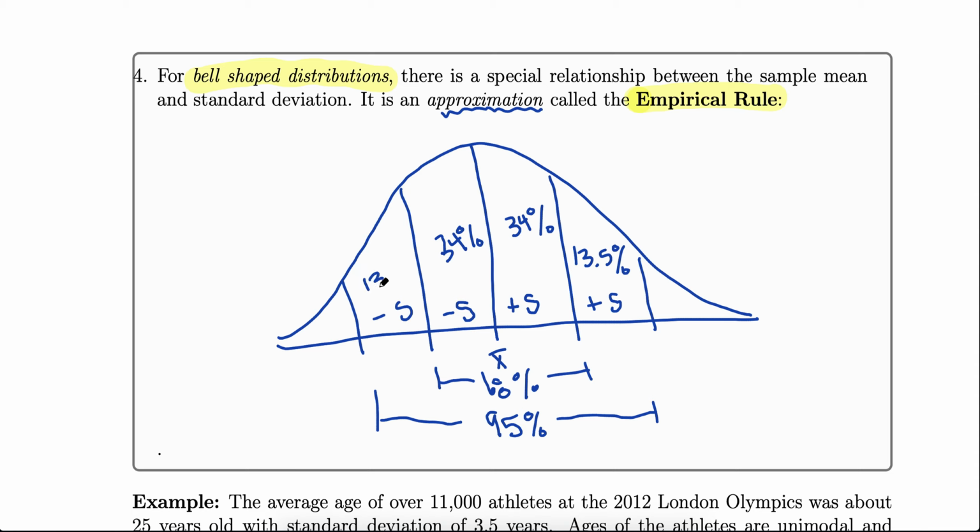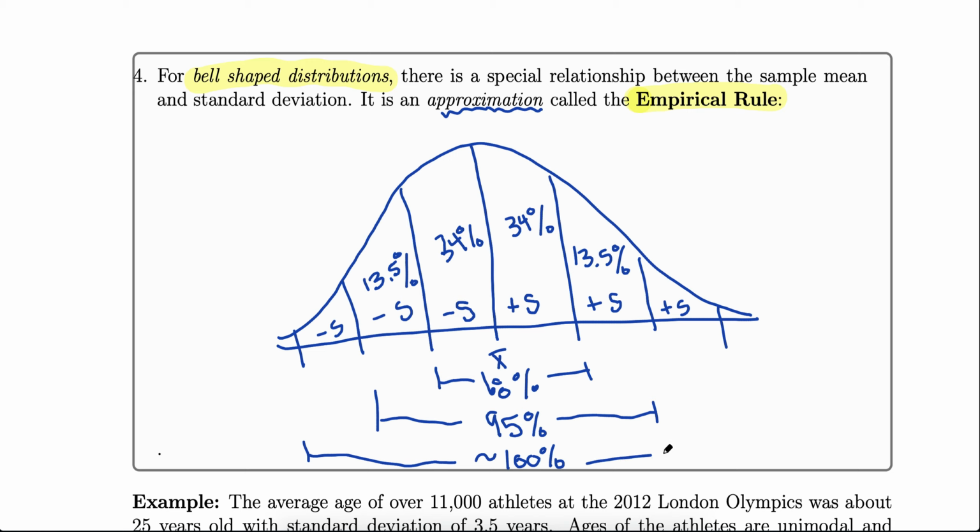Now let's do this one more time. If we go up and back a third standard deviation, subtracting a standard deviation here and adding a standard deviation here, then within 3 standard deviations of the mean we should have about, I've been saying about all the time, now I'm going to write this little squiggle to mean approximately 100% of the data.